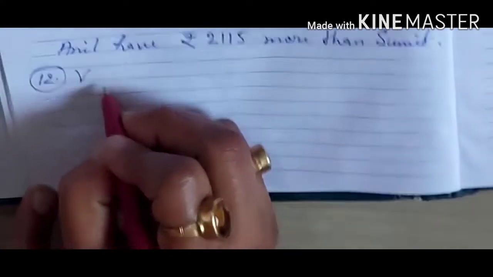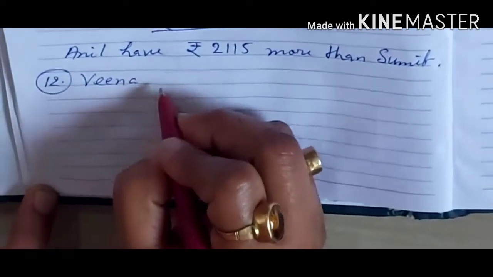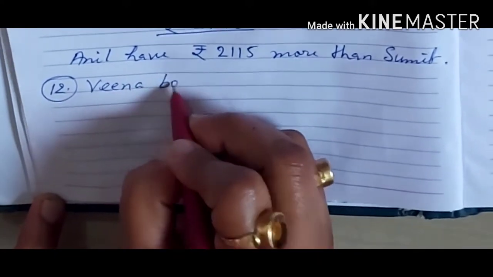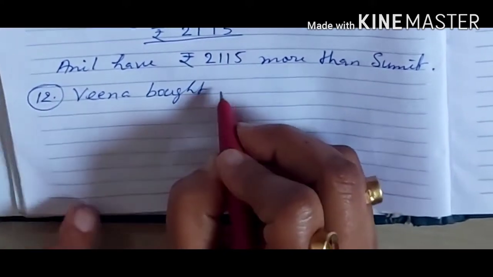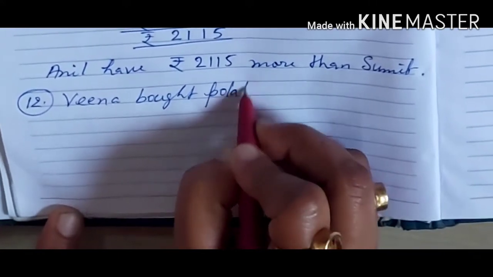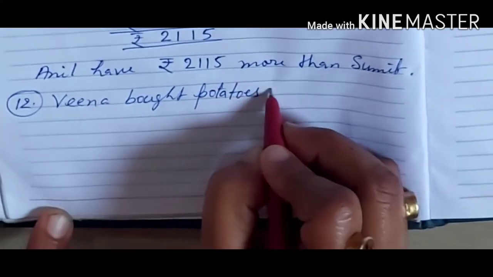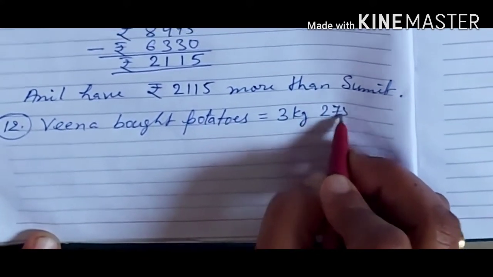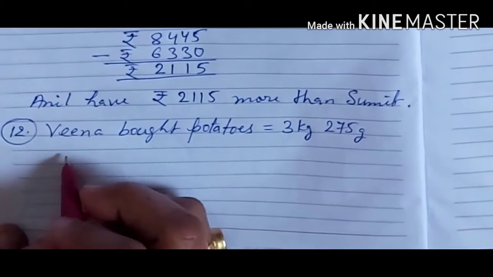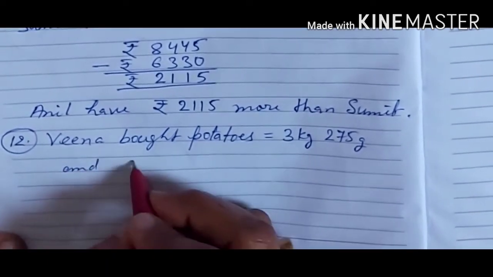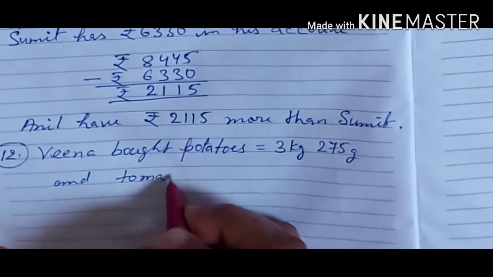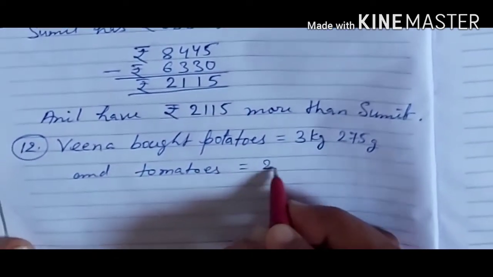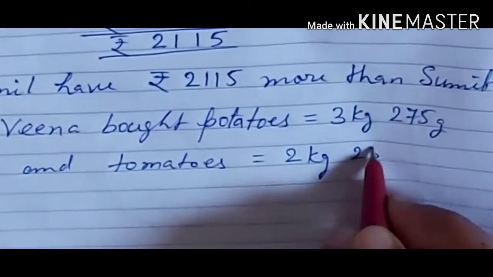So we can write here Veena bought potato 3 kg 275 gram and tomatoes 2 kg 25 gram. Add these two.